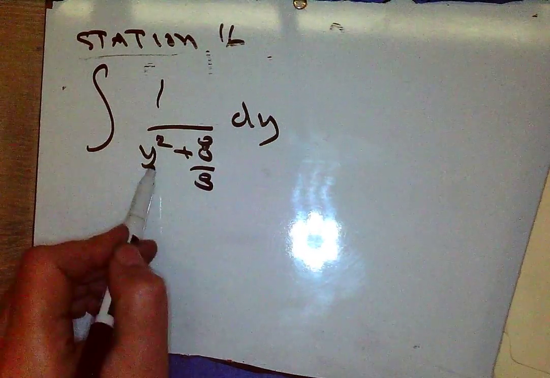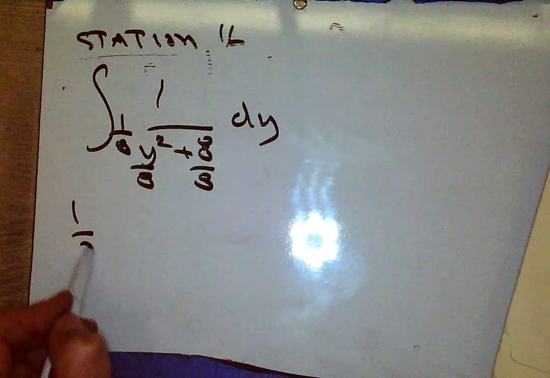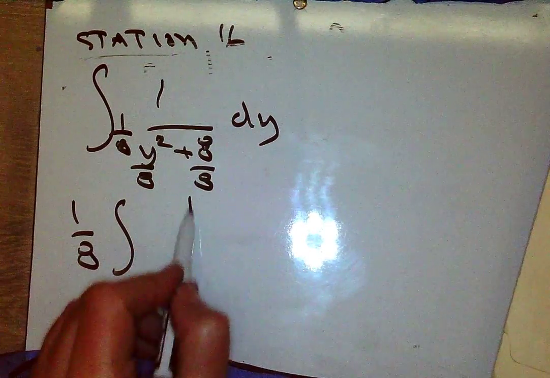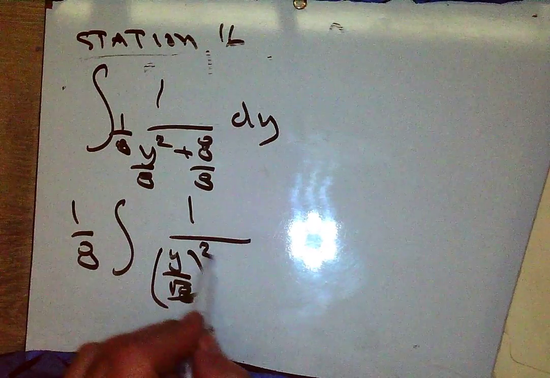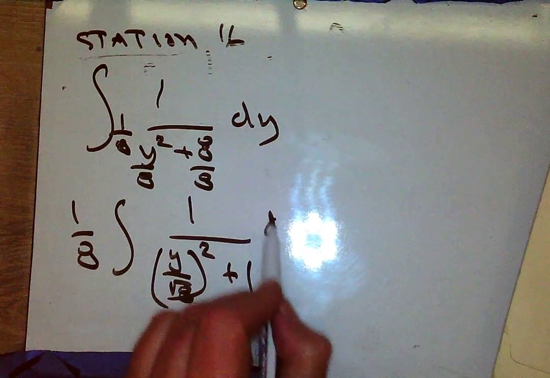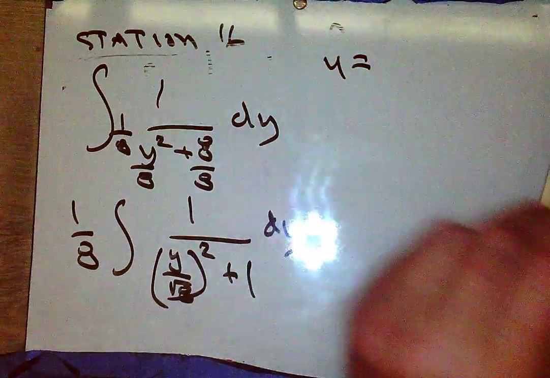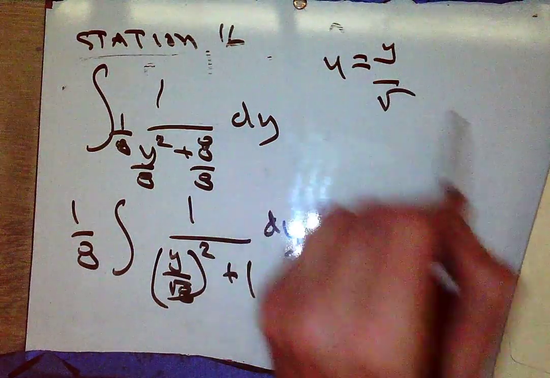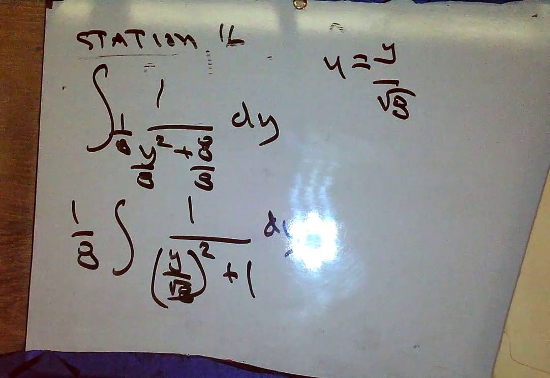We're going to divide by 8 and multiply by 8. 1/8, 1 over, and if u is y over square root of 8, are these 8s? Yes, these are 8s.